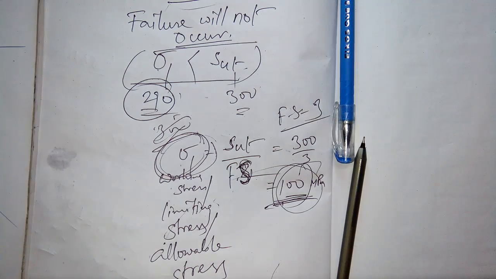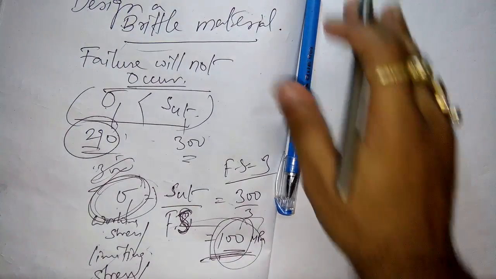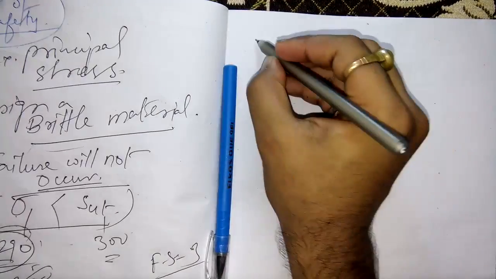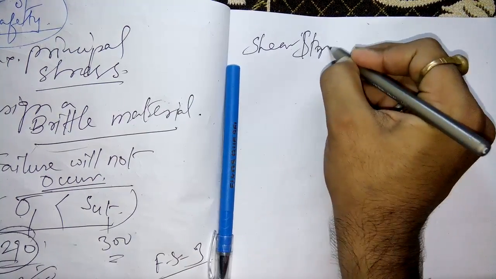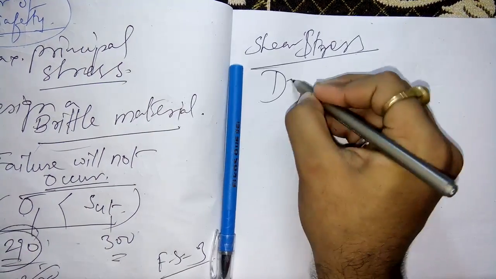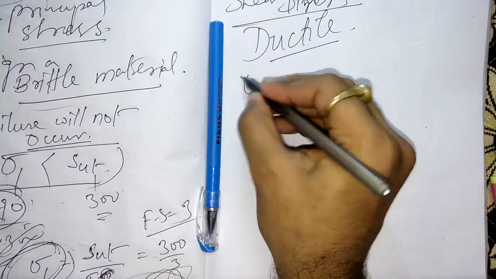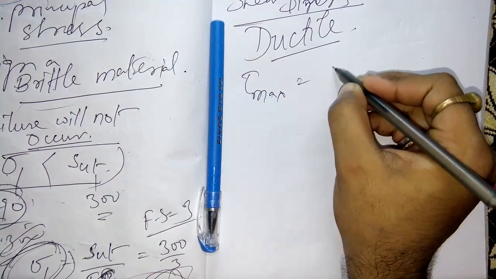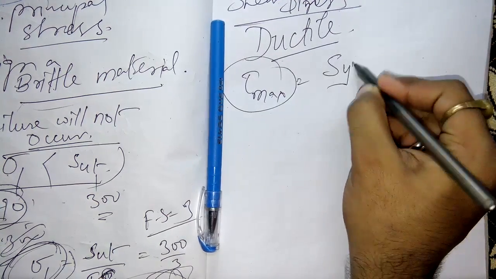In a similar way, you will also consider it for ductile materials. In the shear stress theory for ductile materials, how can you use factor of safety? Same: tau max, I have told you, will be SYT by 2.